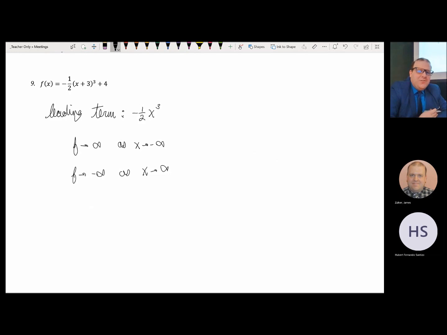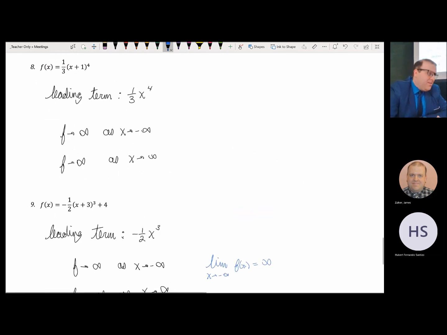And this is why I really don't like this. As I said, these are technically limits. That's what that first one says, but that's calculus.